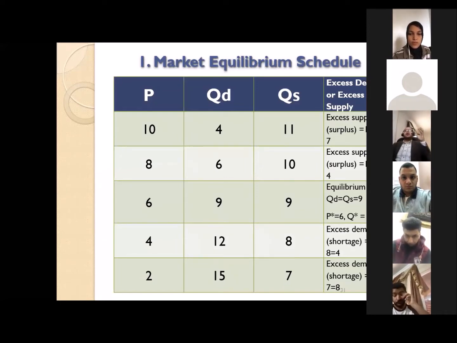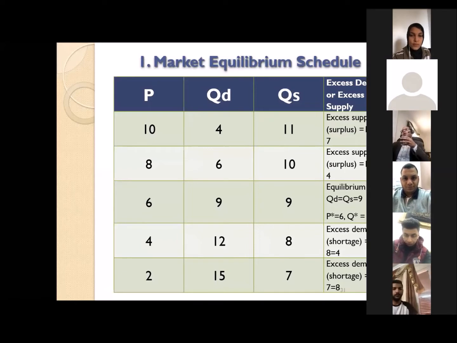So in this case, the consumer needs 15, the producer supplies just 7, so we have a shortage on the market. At that shortage, both of them will not be satisfied, consumer and supplier, simply because the price is very low for suppliers and there is a shortage for consumers.